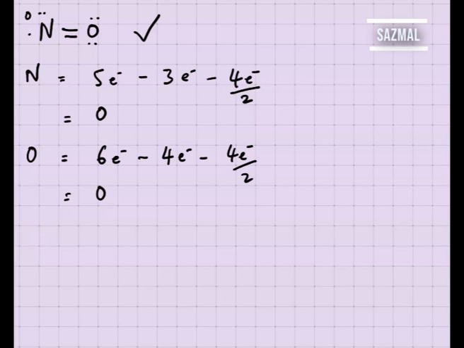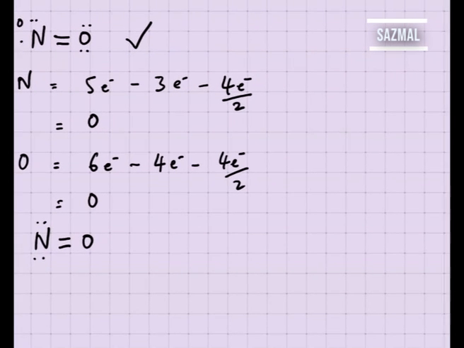Another structure for nitrogen monoxide is here, where it will have 4 non-bonding electrons for nitrogen, whereas oxygen has 3. So we can also calculate the formal charges based on this structure. The nitrogen will have 5 minus 4 minus 4 over 2.